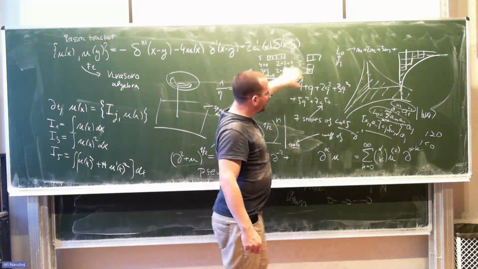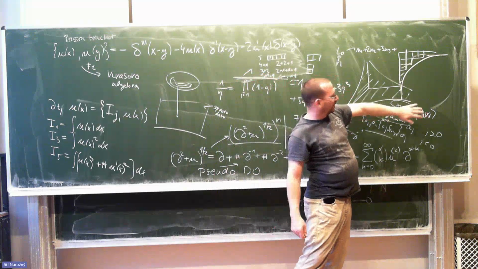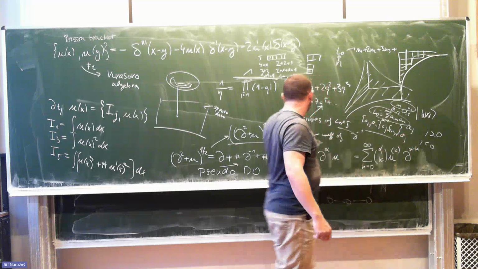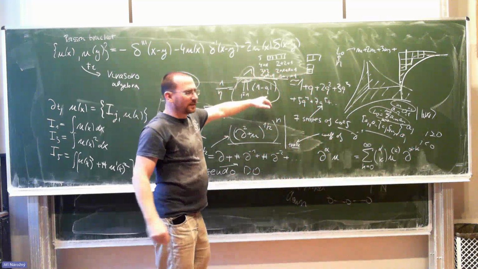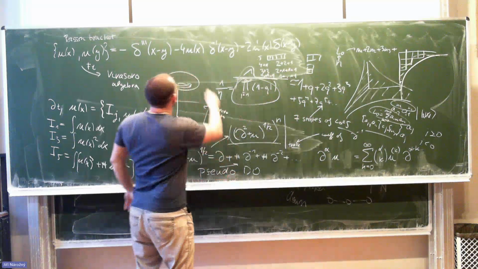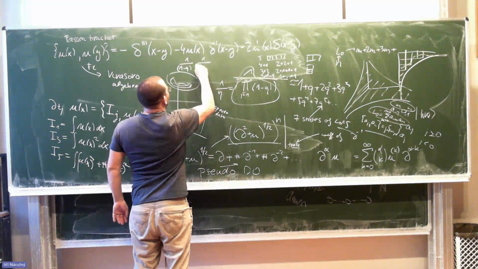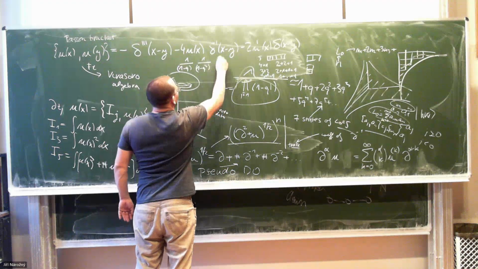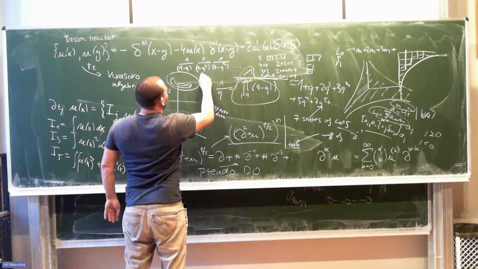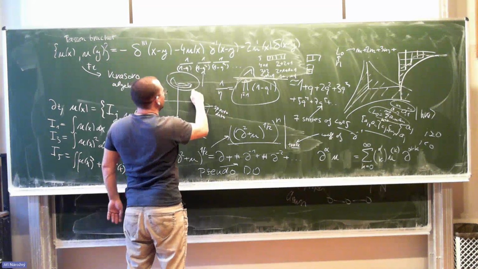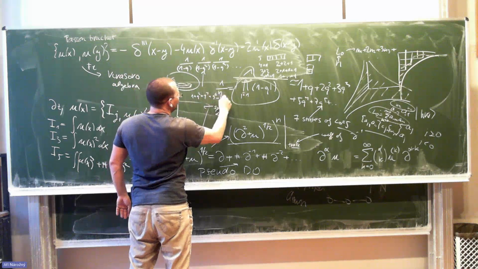So the partitions are labeling the states in this boson Fock space, in this free boson, and the generating function of the number of these is this. This is again clear, no? Because I have 1 over 1 minus q times 1 over 1 minus q squared, 1 over 1 minus q cubed, and so on. If I now expand this in geometric series, I get 1 plus q squared plus q to the 4th plus q to the 6th, and so on.